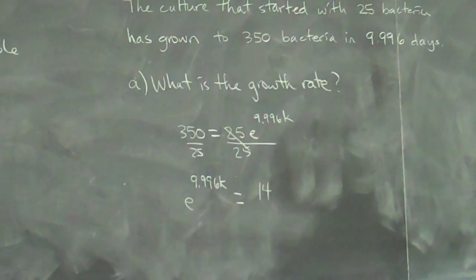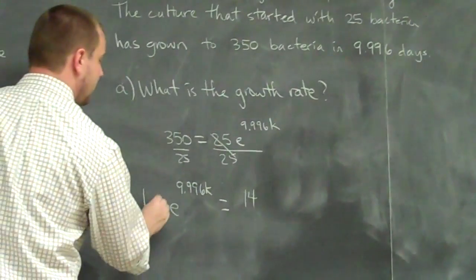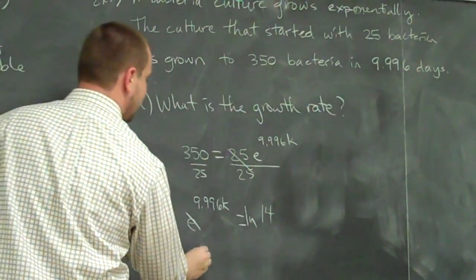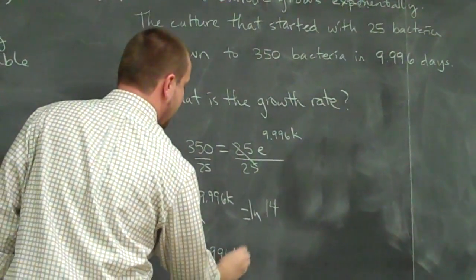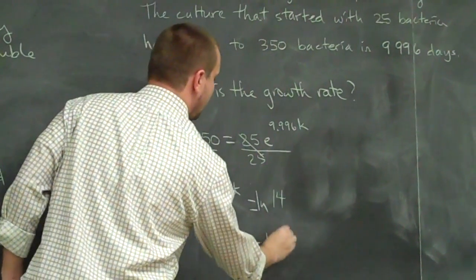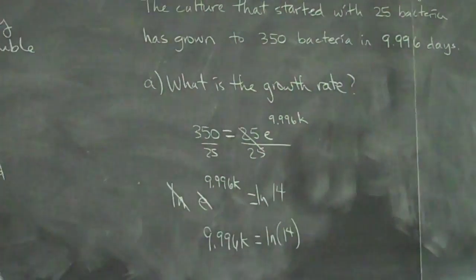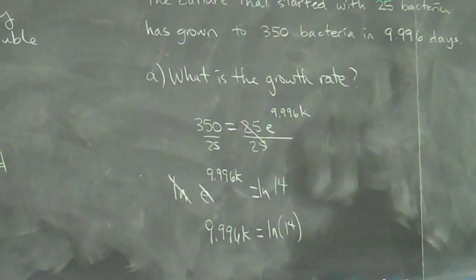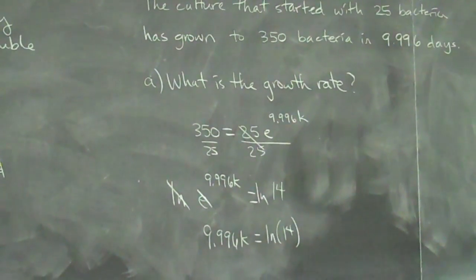I can take the natural log of both sides, and why especially natural log? Because it's base e, and they just cancel. So the exponent 9.996k equals the natural log of 14. Last step to solve for k. That's multiplication, right? What gets rid of multiplication?